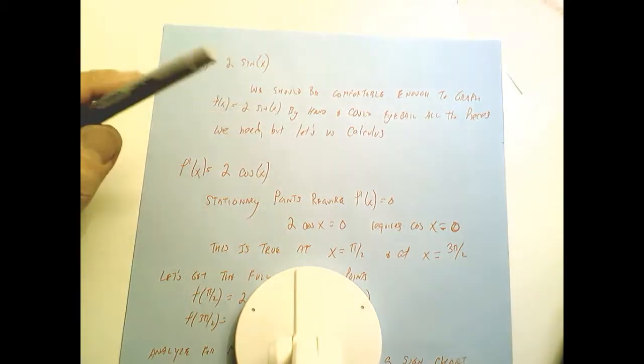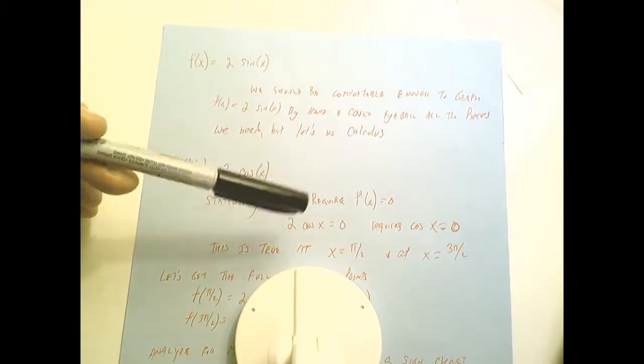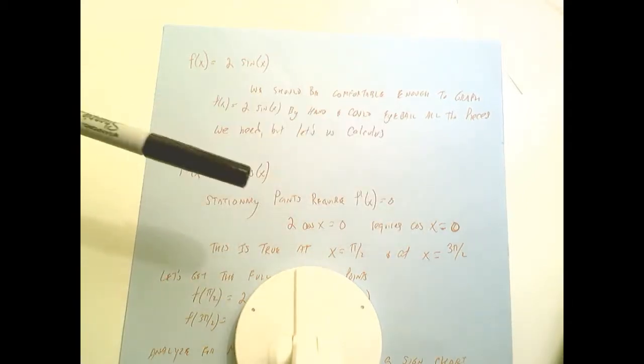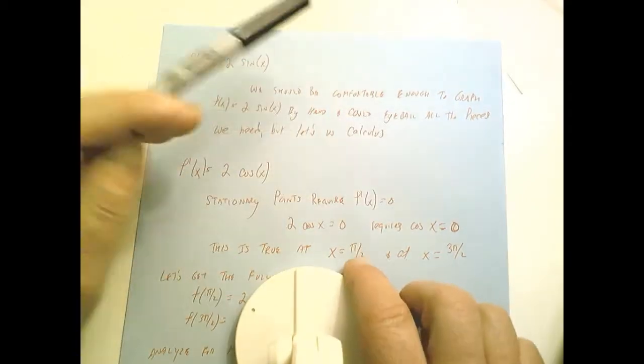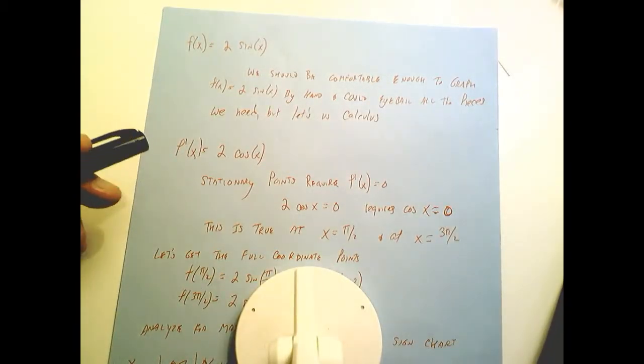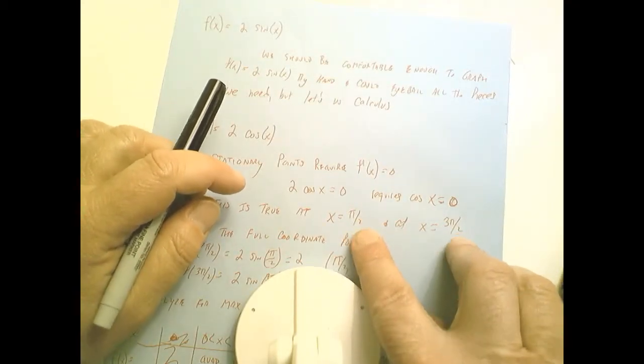We're solving all these, by the way, on 0 to 2 pi. So where does this happen? Cosine x equals 0 will be true at x equals pi over 2 and at x equals 3 pi over 2. That's our stationary point x coordinates.